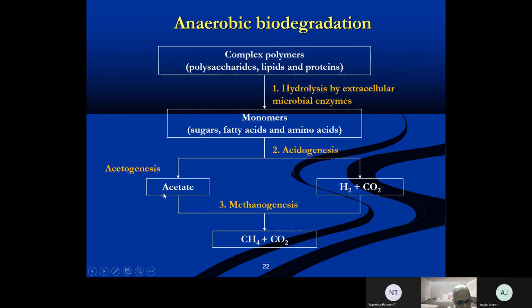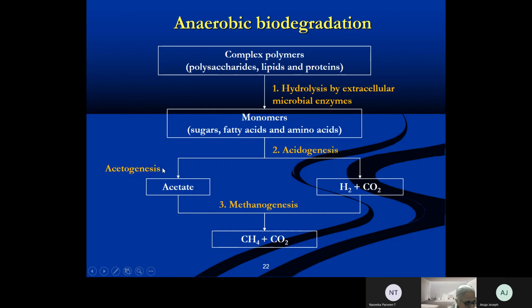So I've shown you only one acid over here, acetate or acetic acid. You can have any number of acids. You can have propionic acid, butyric acid, and so on. So all kinds of acids will be generated. They are called volatile fatty acids. And acetate is one of the most important fatty acids that are generated in this process, in this acetogenesis process.